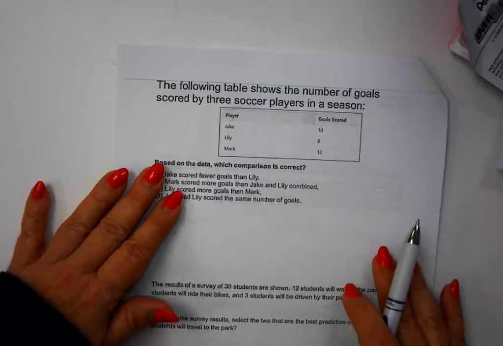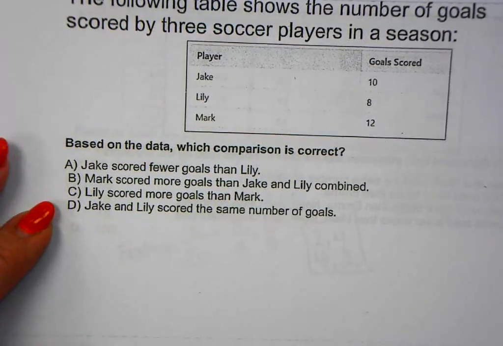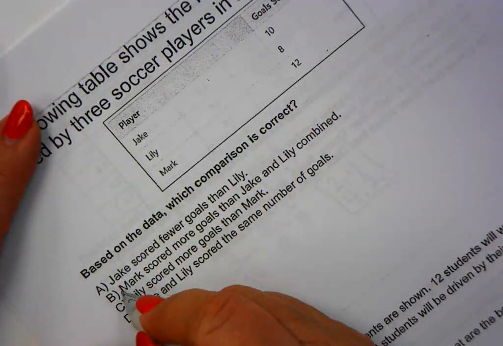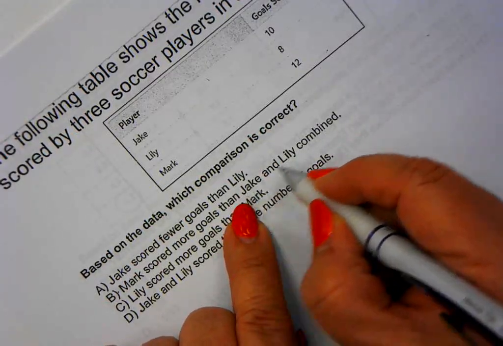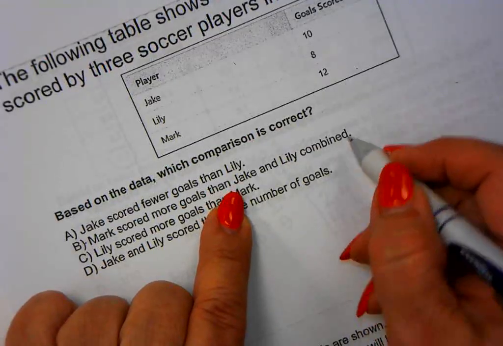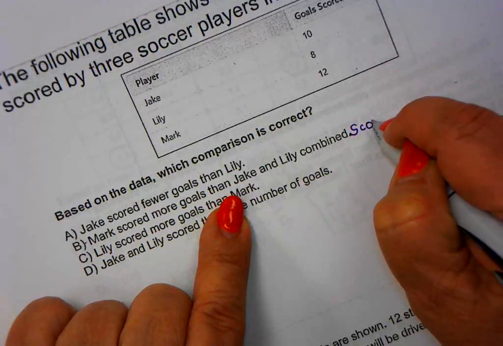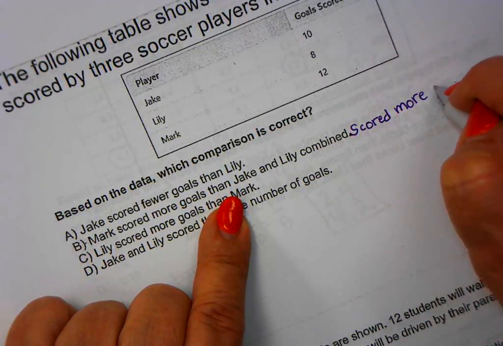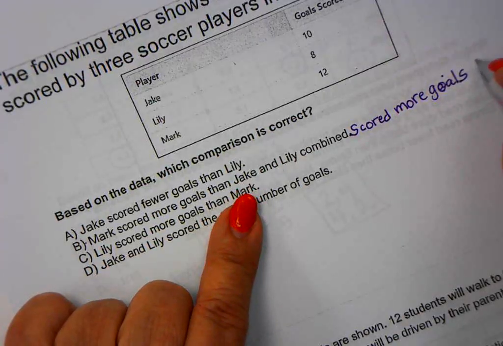This will do the same thing, but because I was doing this during spring break, I noticed a typo when I was bringing it forward. And so you're going to cross out this part. So your sentence is actually going to start with Jake and Lily combined scored more goals than Mark.